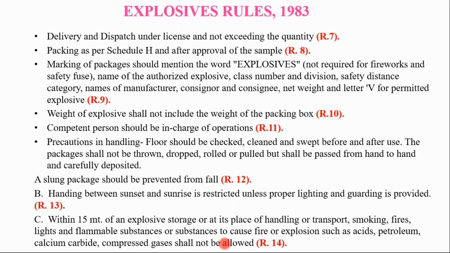So smoking, fires, and transportation of these types of substances are not allowed within 15 meters of the explosive storage. All the substances mentioned are explosive or highly flammable substances, that is acid, petroleum products, calcium carbide, compressed gases, etc.